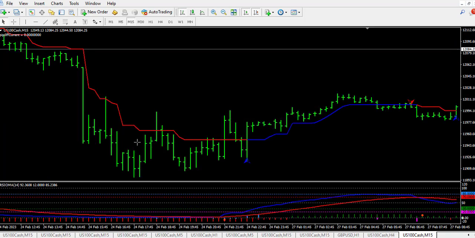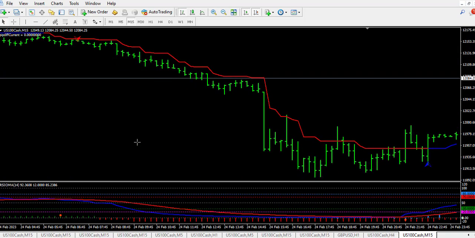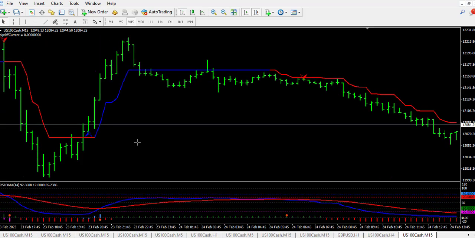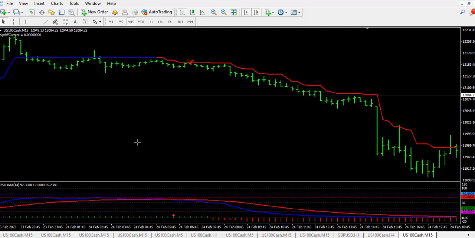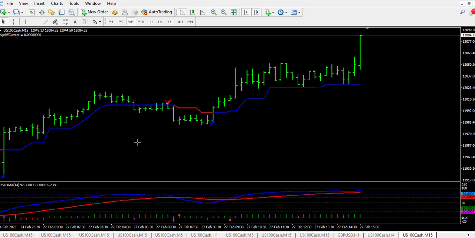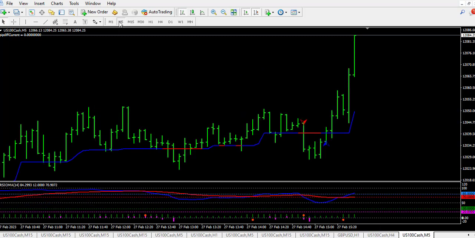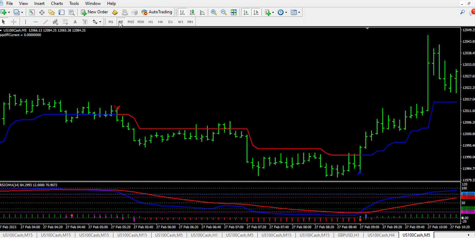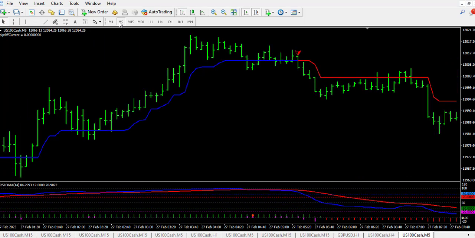And this is how to use this strategy, and you can use it on any time frame. This is it on the M15 time frame, and you can see that we have a lot of winning trades here using this strategy. And when you check on 5 minutes too, you will have a good result also, though it might have a lot of failed signals because this is a lower time frame.